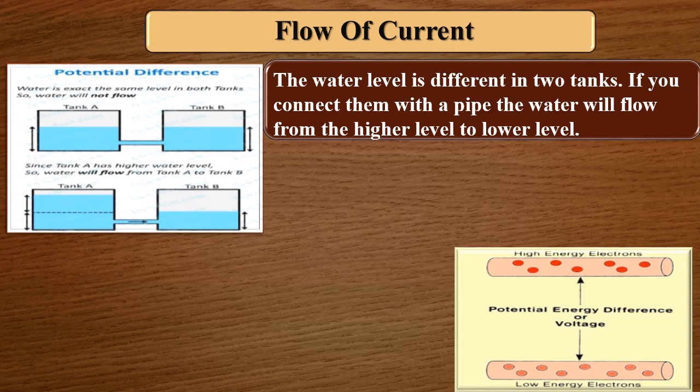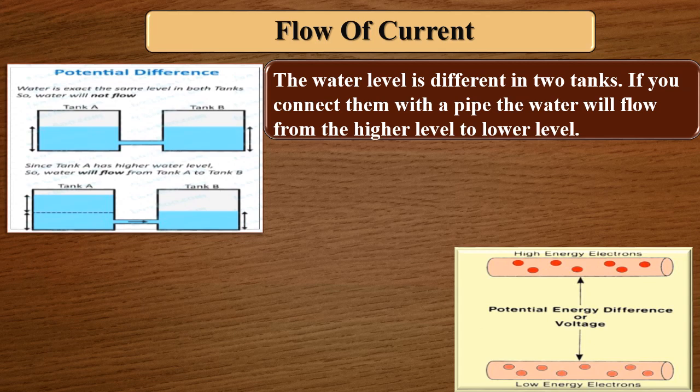This preserved or potential energy creates the force of movement of electrons. The side which has higher potential energy is essential to create the flow of electricity.